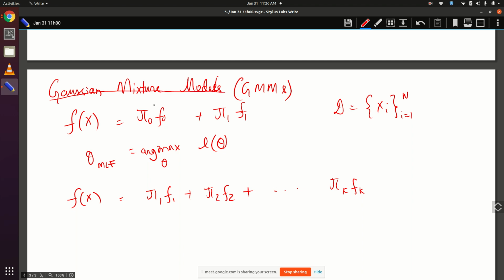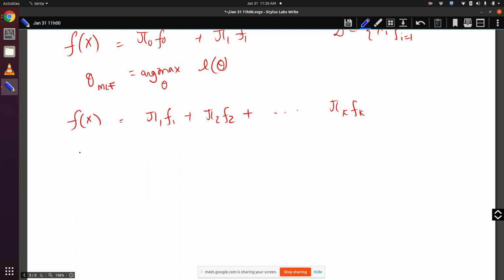Before we try to solve this problem of Gaussian mixture models, let me introduce another example where Gaussian mixture models are useful. Gaussian mixture models are also useful in an unsupervised learning setting. There are applications for GMMs in unsupervised learning. In particular, we will look at one of the most popular unsupervised learning algorithms, which is called k-means.